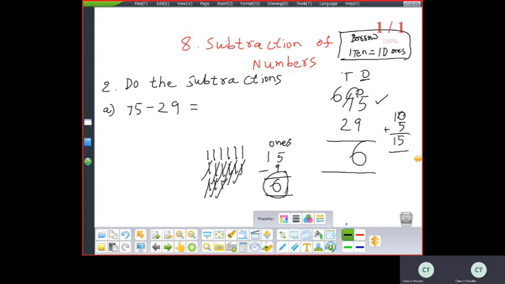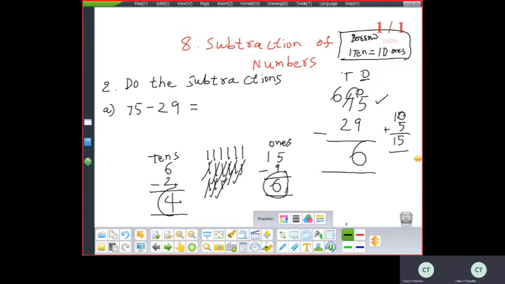Now, subtraction on 10. The digits from tens place are 6 and 2. From 6 we subtract 2. Bigger number minus small number. 6 minus 2, 4.